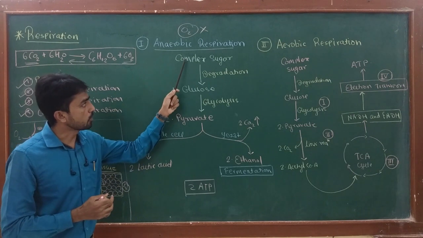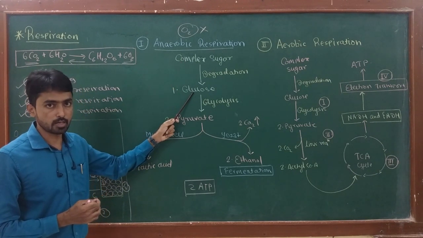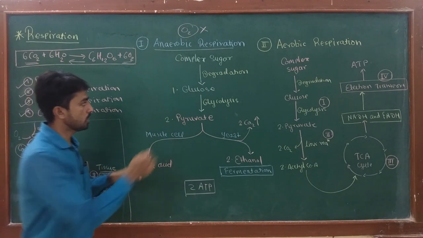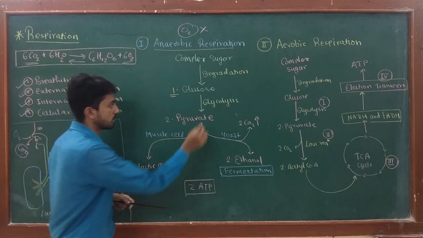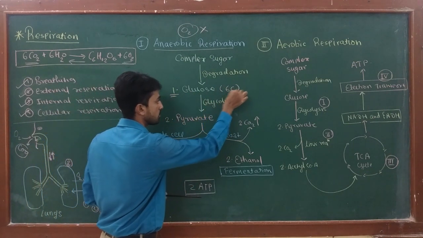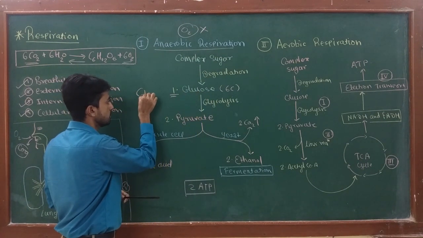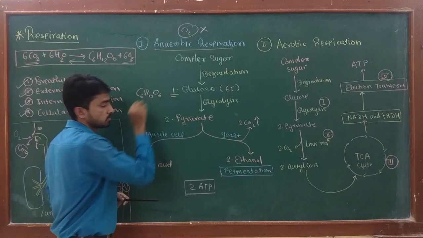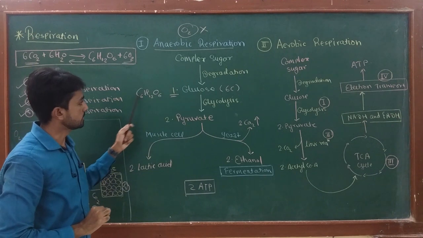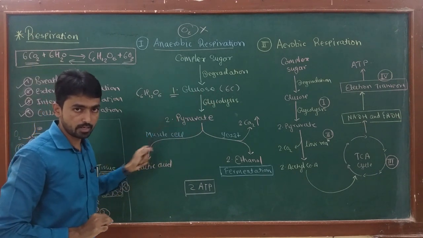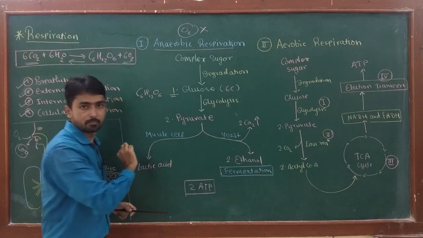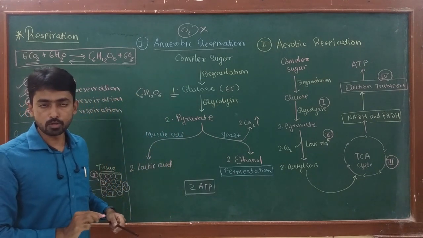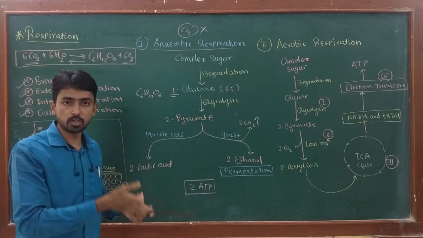Now if one molecule of glucose enters anaerobic respiration, that means a total of 6 carbons. We know that glucose is a C6H12O6 molecule, so it has 6 carbons. So 6 carbons enter the pathway. Now glucose undergoes glycolysis inside the cell, in bacteria, sometimes in animals or fungi.